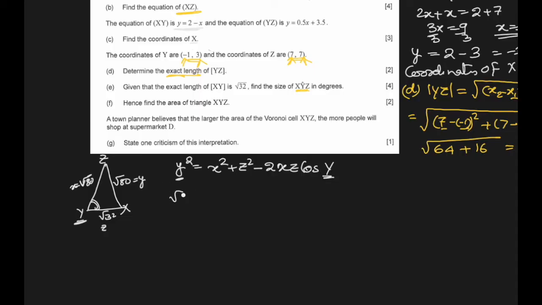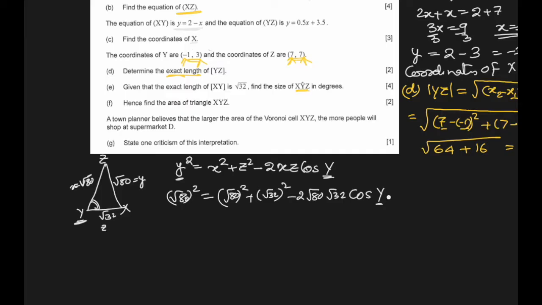So square root 80 square equal to x is how much? Square root 80 again, and z is square root 32. That's why square root 80 helped, because we had to square it. Minus 2 times square root 80 square root 32 cos y.